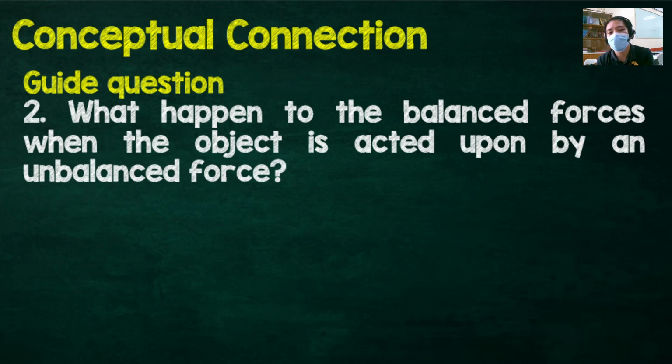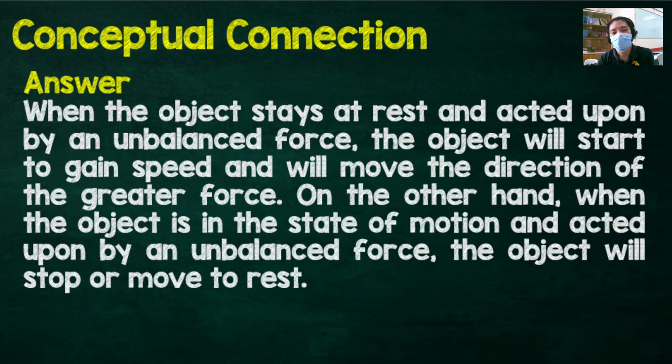The second question is, what happens to the balanced forces when the object is acted upon by an unbalanced force? Do you have your answer now? This is the answer. When the object stays at rest and is acted upon by an unbalanced force, the object will start to gain speed and will move in the direction of the greater force.